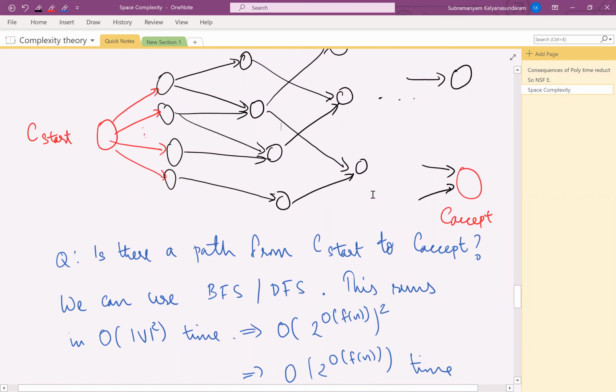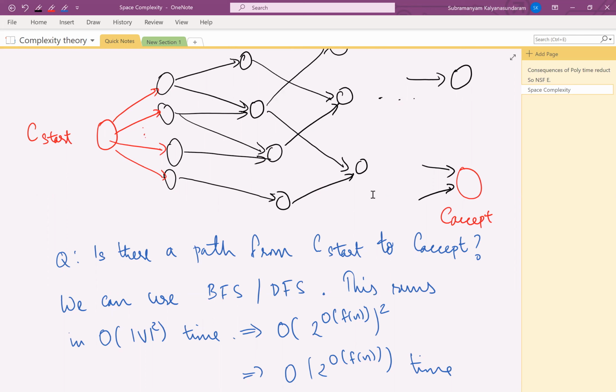So one thing to note is that we don't explicitly write down this graph anywhere. We don't have to pre-compute this graph. This is something that you may be thinking. The algorithm does not draw this entire graph and then search for a path. What it needs to do is to implicitly search for a path in this graph.